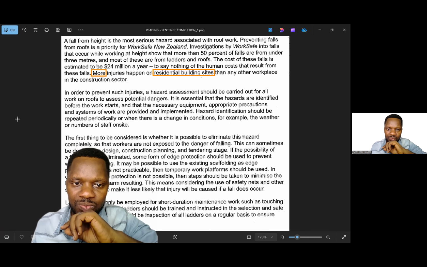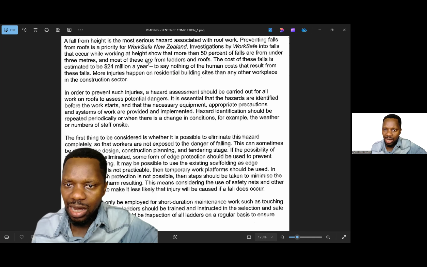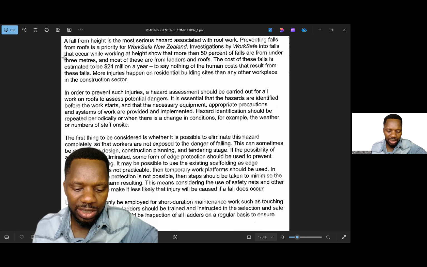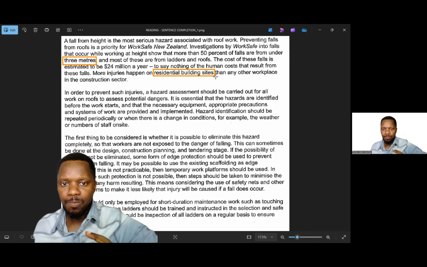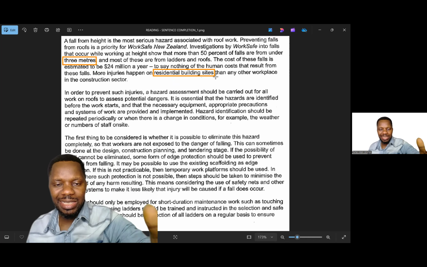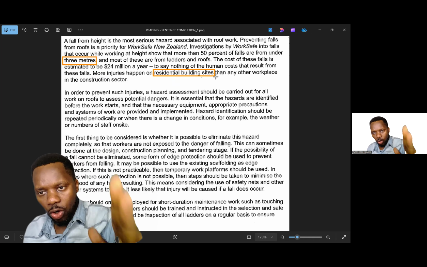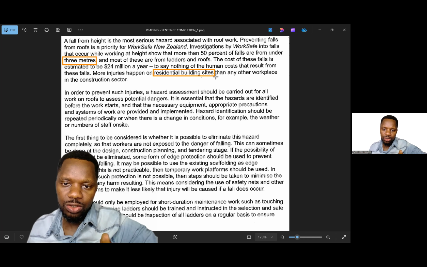Look at it this way. Our first answer was here, 3 meters. This is where it is. Now our second answer is here, residential building sites. Now this means the next answer will come downward. So you really want to be careful.